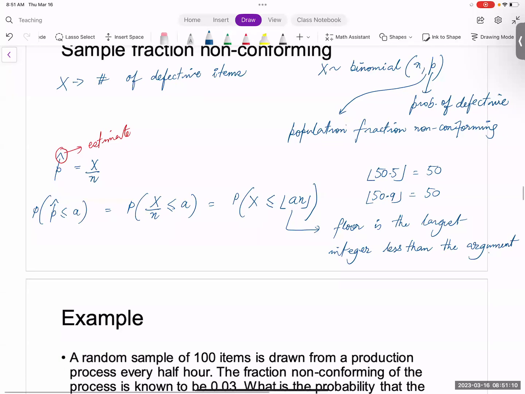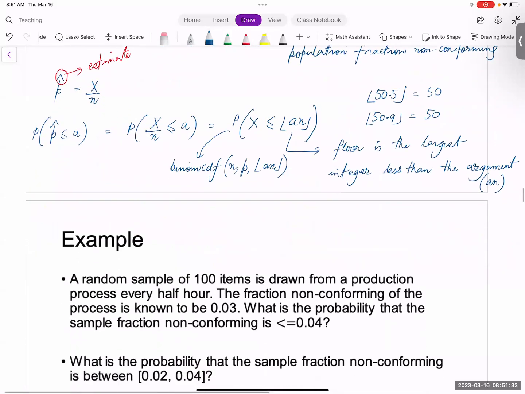Argument in this case is an. Does that make sense? Okay. All right. And now you can just do binom CDF. You can just do binom CDF n comma p comma an.